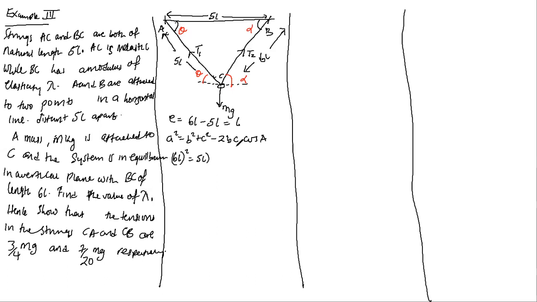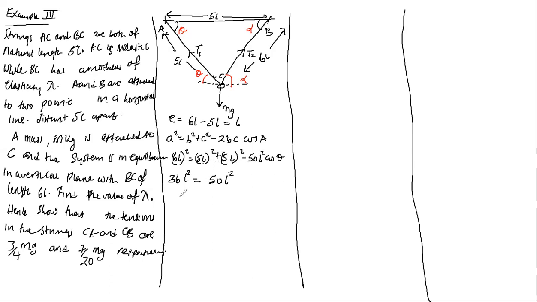Where does the 50 come from? The 50 has come from 5 times 5 times 2. But there are L's, so it becomes 25L squared times 2. Then this one also gives me 25L squared, giving me 50L squared. So 36L squared is equal to 50L squared into 1 minus cos theta.